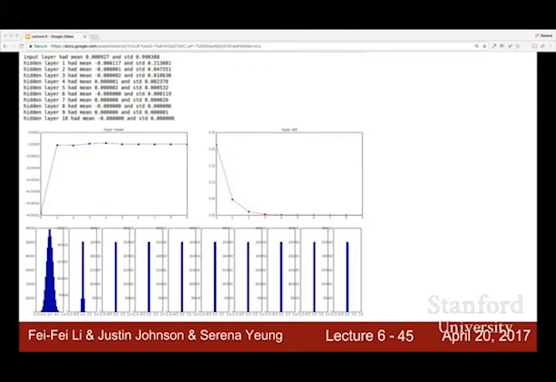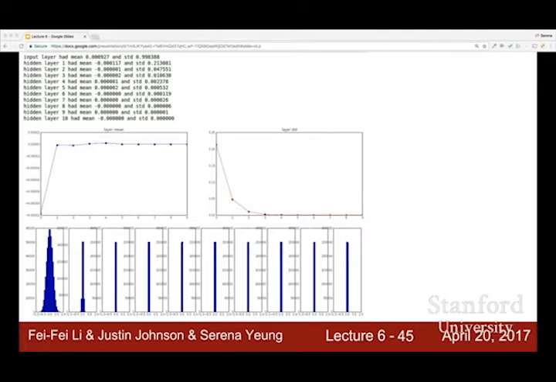If we're plotting this, this second row of plots here is showing the mean and the standard deviations over time per layer. And in the bottom, the sequence of plots is showing for each of our layers what's the distribution of the activations that we have. We can see that at the first layer, we still have a reasonable Gaussian-looking thing. It's a nice distribution.